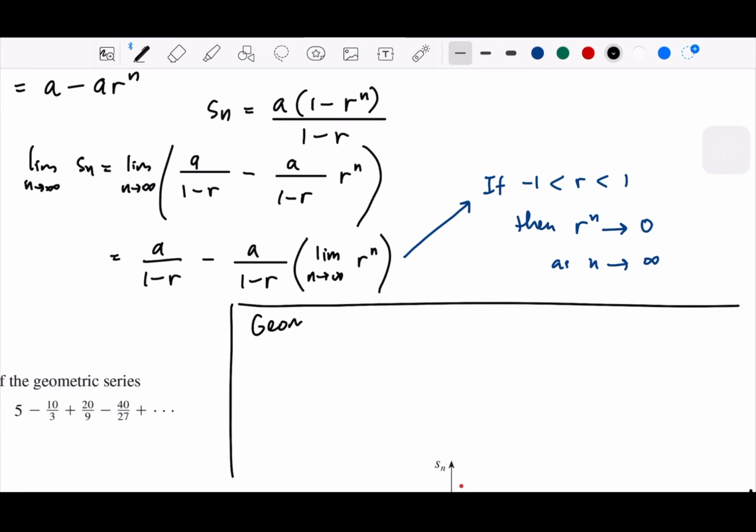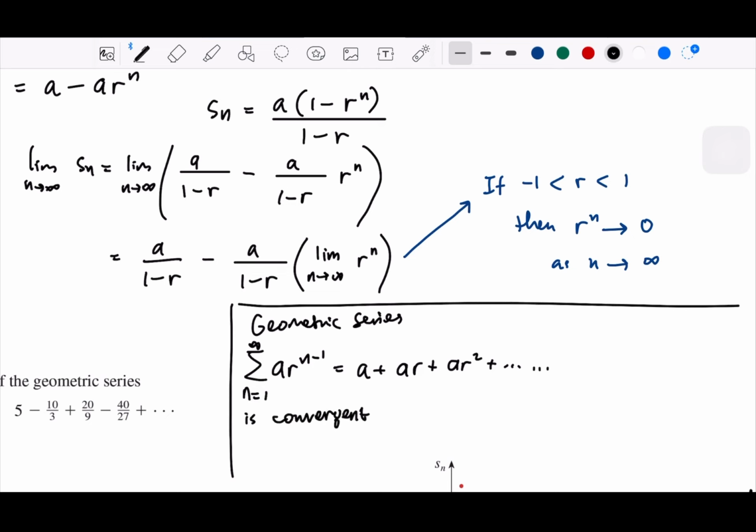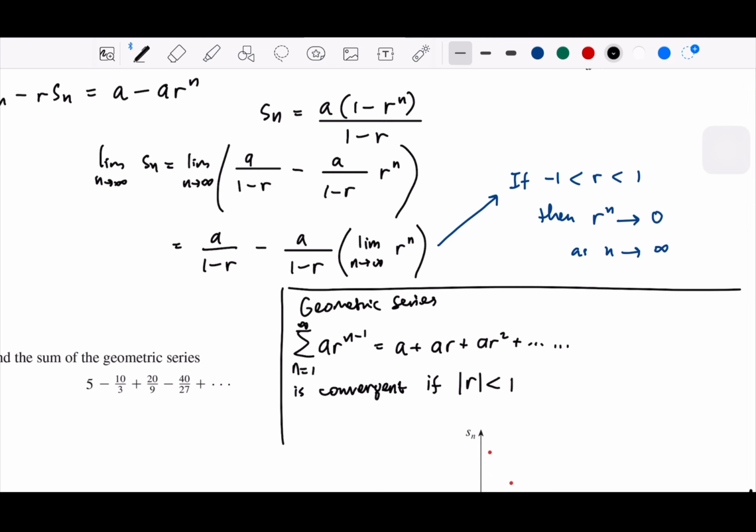So geometric series: this is convergent if the absolute value of R is less than 1, which means we need to have fractions.